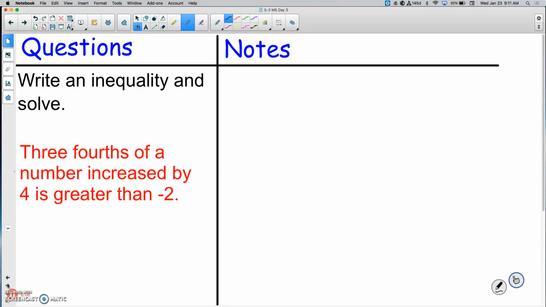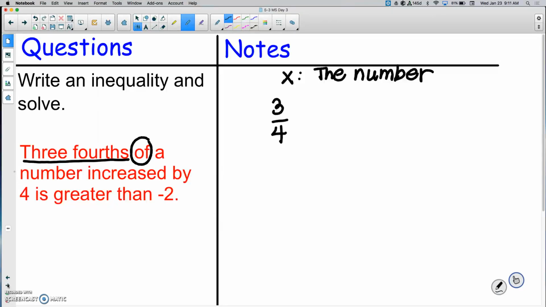3/4 of a number increased by 4 is greater than negative 2. Okay, 3/4. I'm going to use x for my number again. Of happens to mean multiply.